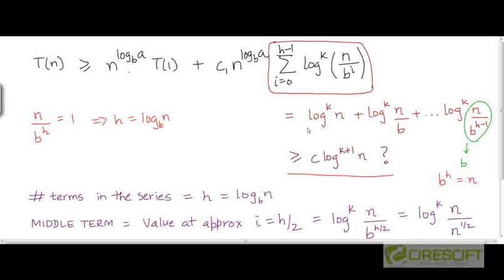So this would have been log to the power k of n times log of n. But we can't do that, because by replacing these arguments by n, you're getting something larger than this. What you need to do is to actually make this series smaller and still have it bounded from below by log to the power k plus 1 of n.